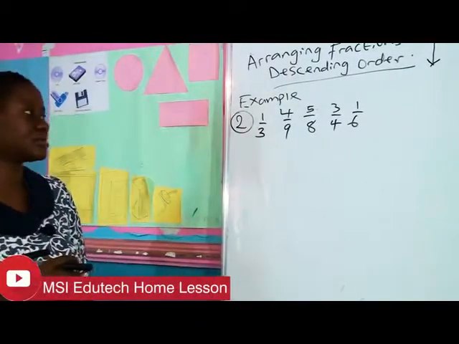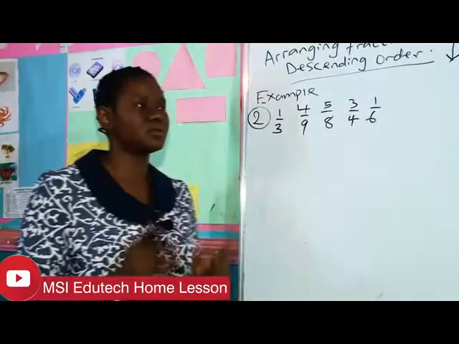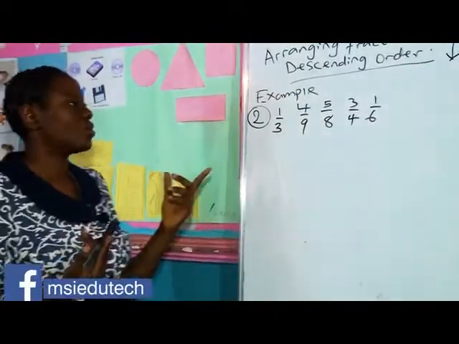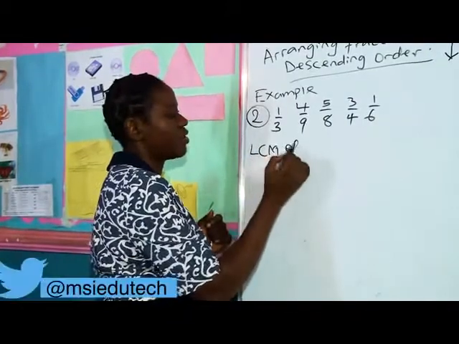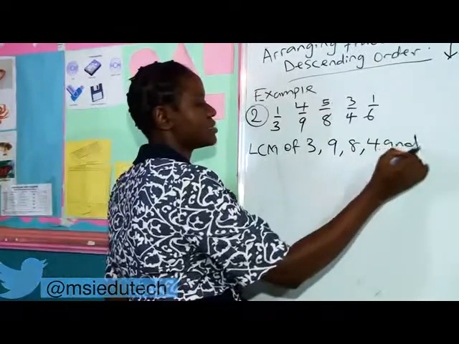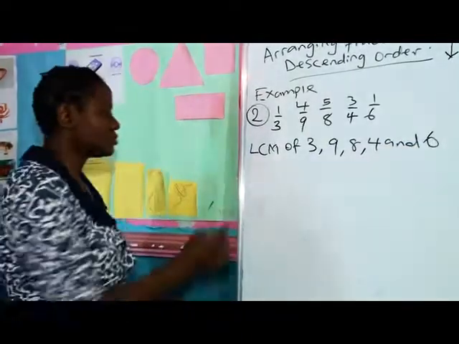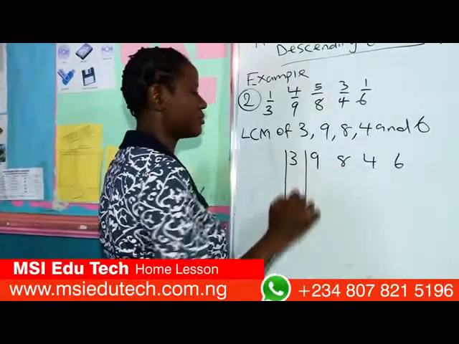We want to arrange these numbers in descending order. The denominators are not the same, so we look for the LCM. LCM of 3, 9, 8, 4, and 6.